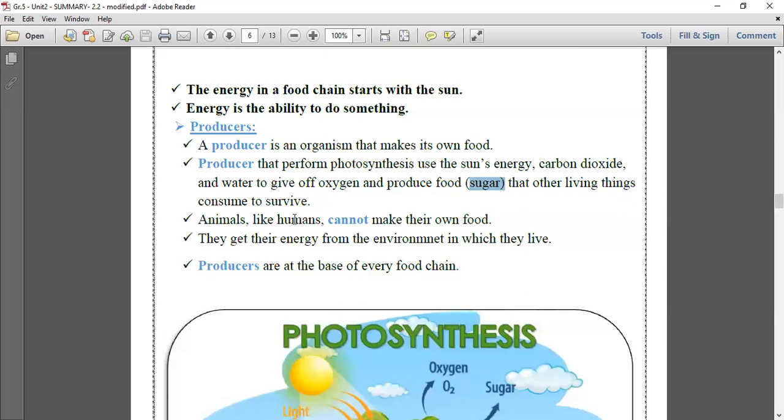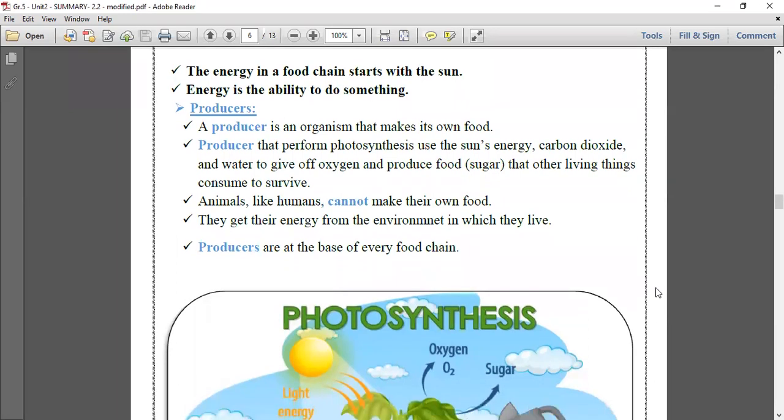What about animals? Animals like humans cannot make their own food. They get their energy from the environment in which they live. But producers are at the base of every food chain because they are the only organisms that are capable of using the energy from sunlight.